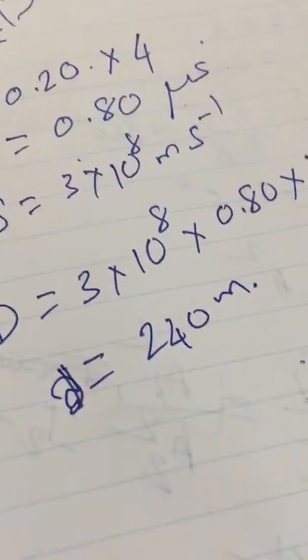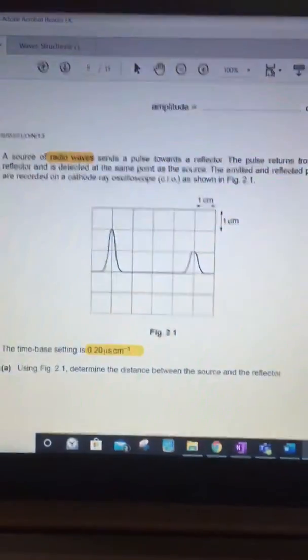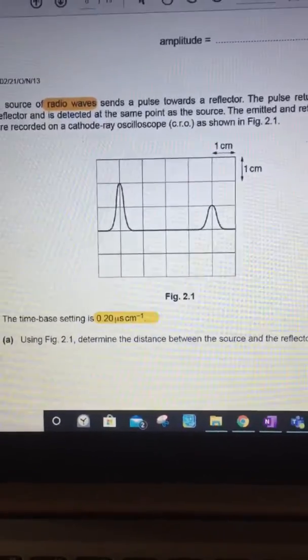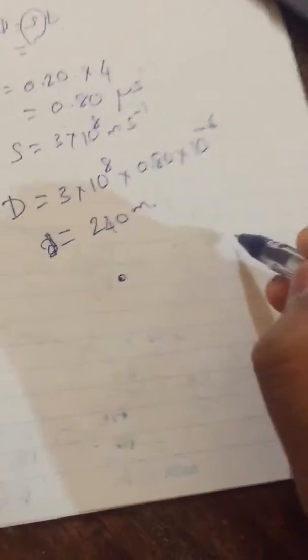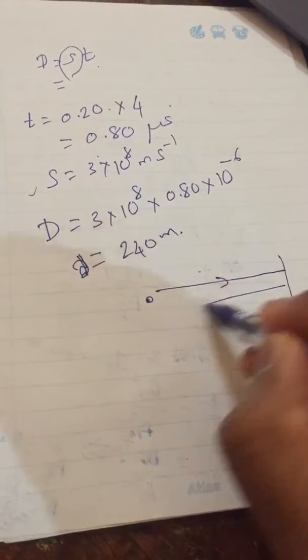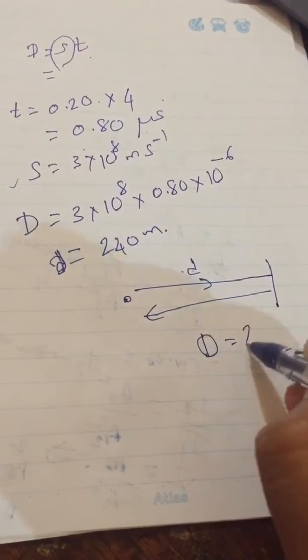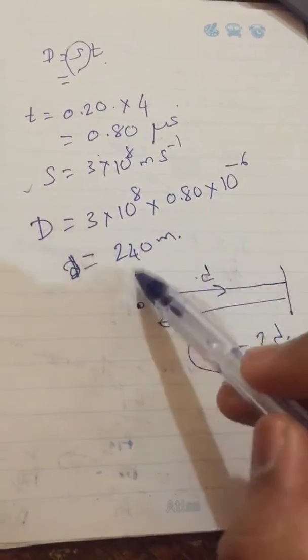So this is the time for the pulse to go from the source, get reflected and come back. That means if the source is here and the reflector is here, twice this distance is the one we calculated, 240.